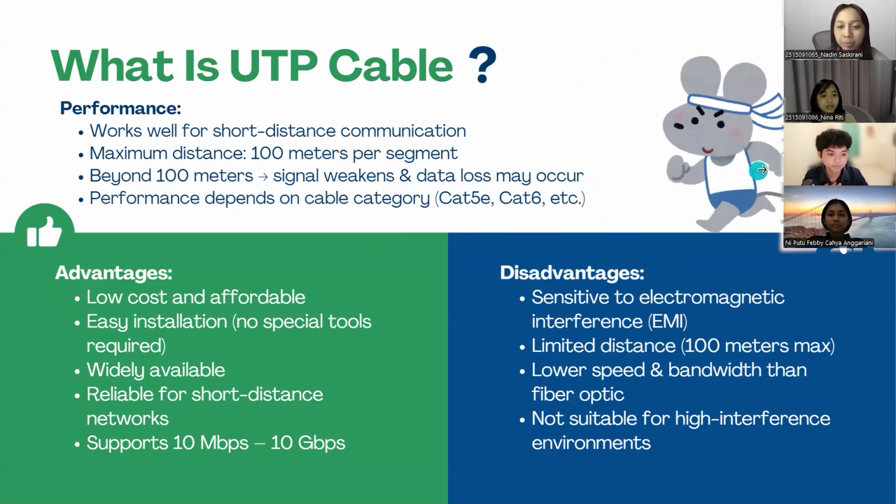Performance depends on cable category, like CAT5E, CAT6, etc. The advantages of UTP cables are its low cost and affordability, easy installation without special tools required, wide availability, and reliability for short distance networks, and it supports 10 megabits per second to 10 gigabits per second.